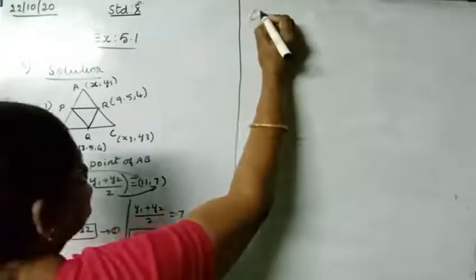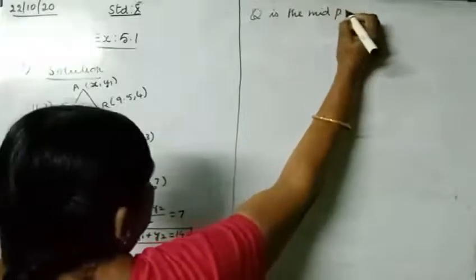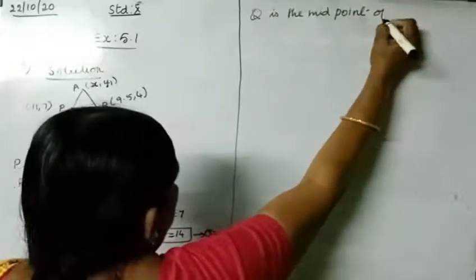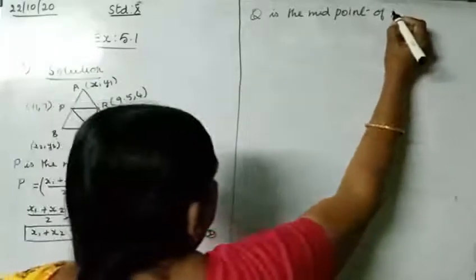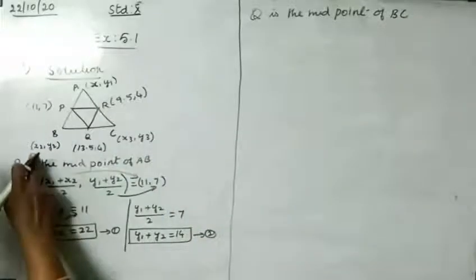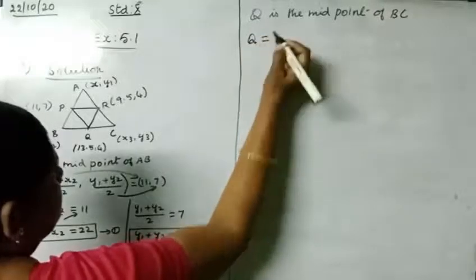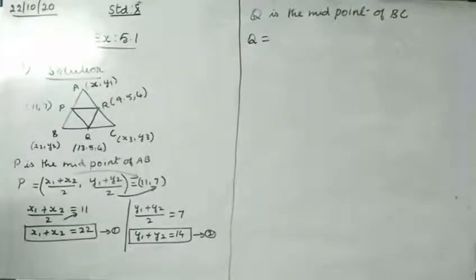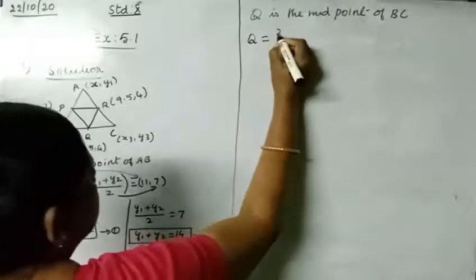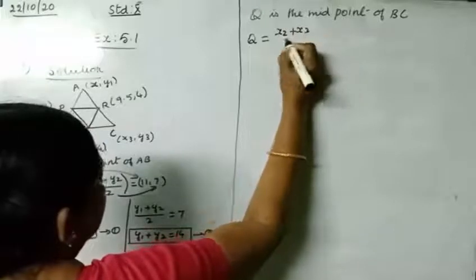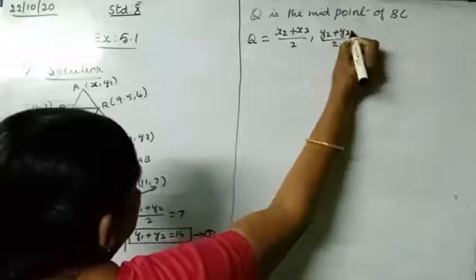Then take Q is the midpoint of the side BC, that is x2, y2 and x3, y3. So I can write the midpoint formula. Instead of x1 and x2, use x2 and x3. So x2 plus x3 divided by 2, y2 plus y3 divided by 2.